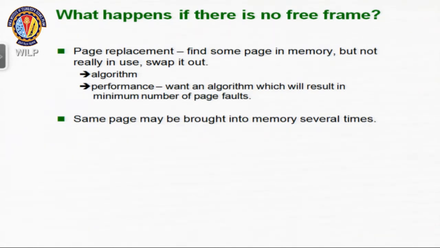Whenever we talk about an algorithm, we always talk about its performance. In the case of a page replacement algorithm, our objective is that the page replacement should result in a minimum number of page faults. Otherwise, we might replace an existing frame with a new page, and the very next reference could be to the frame which has just been swapped out.